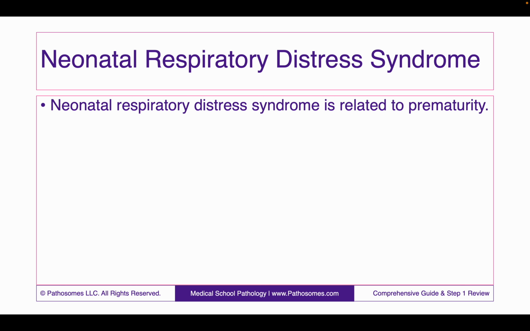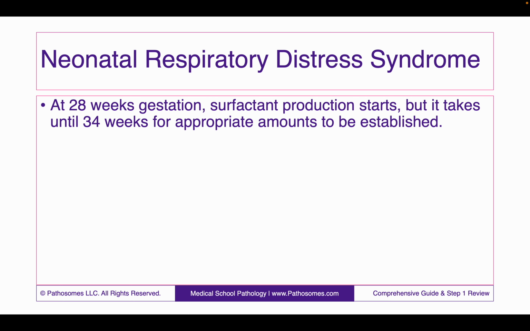And keep in mind that neonatal respiratory distress syndrome is related to prematurity. At 28 weeks gestation, surfactant production starts, but it takes until 34 weeks for the appropriate amounts of surfactant to be established.